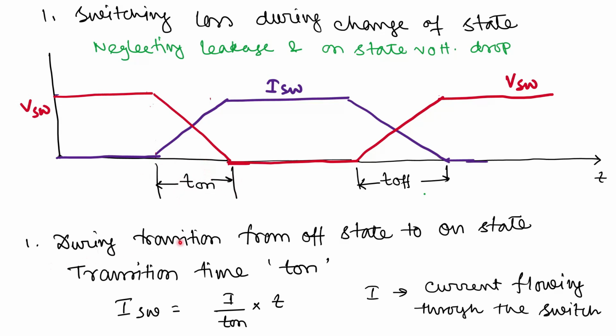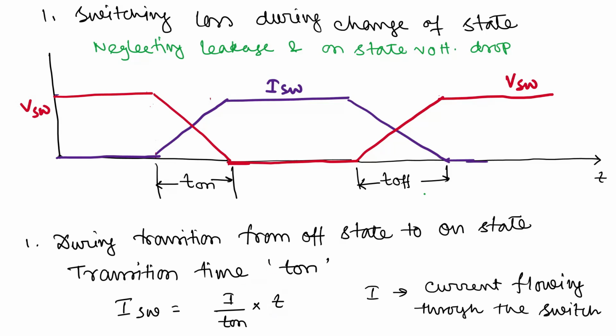During the transition from off state to on state, transition time small t on, I switch equals capital I by T on into t. Here I is the current flowing through the switch, T on is the transition time, and this T is the total time taken for the T on and T off.